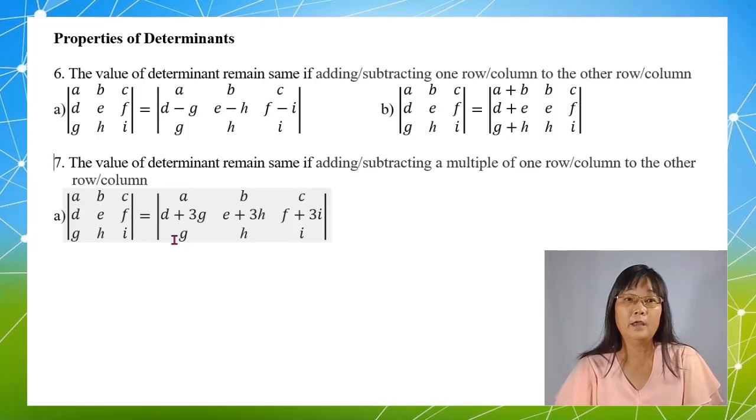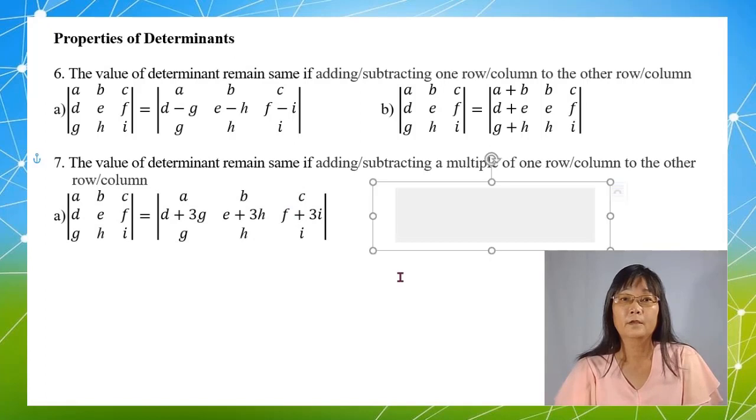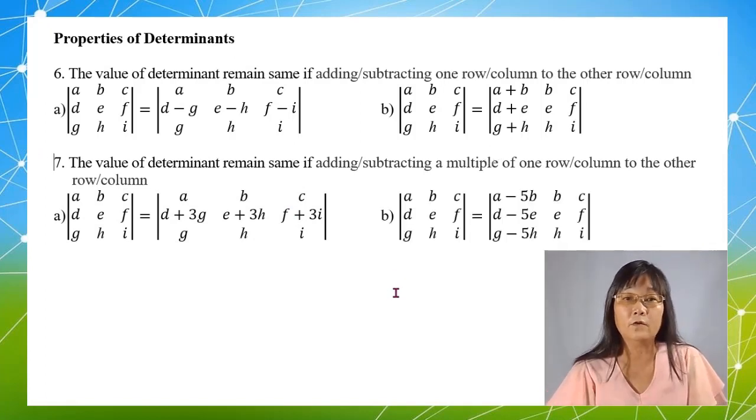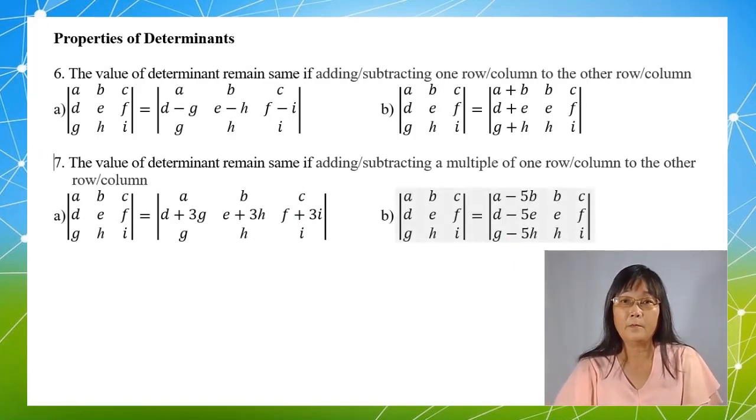Before I add the value of row 3, I multiply row 3 by 3, and only then I add it into row 2. This can be done for columns also. Before I subtract column 2 from column 1, I multiply the value of column 2, and only then subtract the product from column 1.